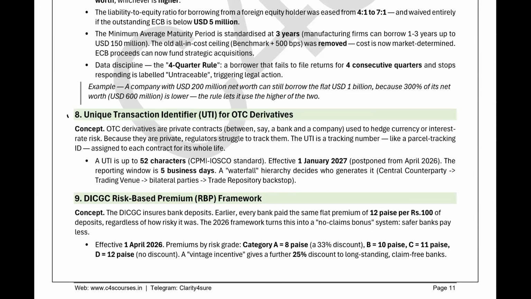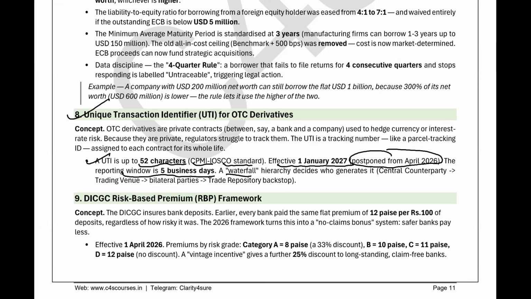Okay. Now, it is the unique transaction identifier, which is UTI, for OTC derivatives. What is it telling about? Directly, I'm coming to the point. A UTI is 52 characters. It will only ask this. That is the CPMI-IOSCO standard, effective from 1st January 2027, which has been postponed from April 2026. The reporting window is 5 business days.